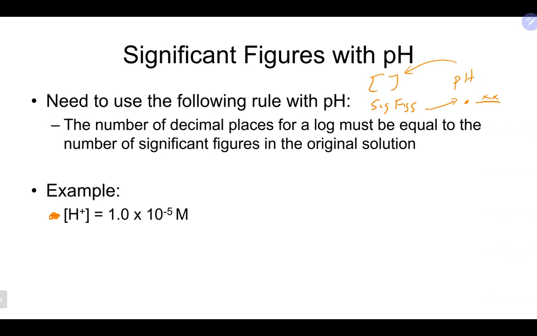If we have an H plus concentration of 1 times 10 to the minus 5, what is the pH to the right number of sig figs? So once again, if you have a display calculator, negative log 1 times 10 to the minus 5. Non-display calculator, 1 times 10 to the minus 5, log button and negative button.